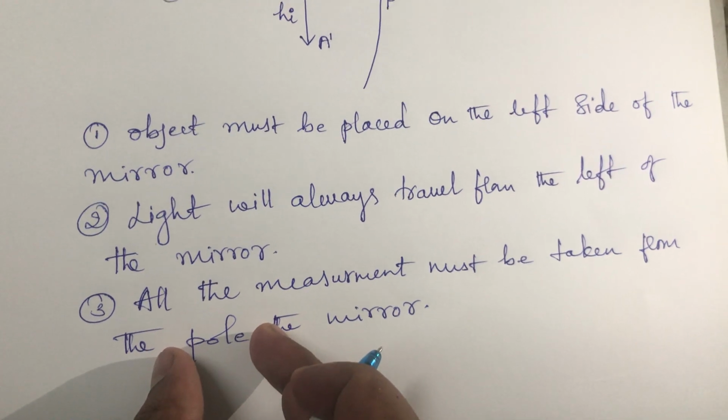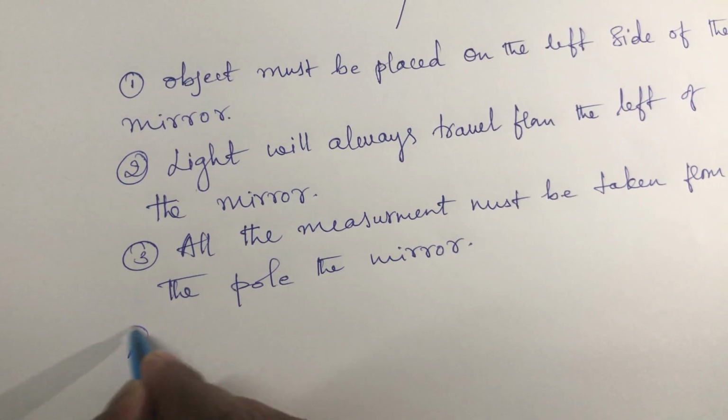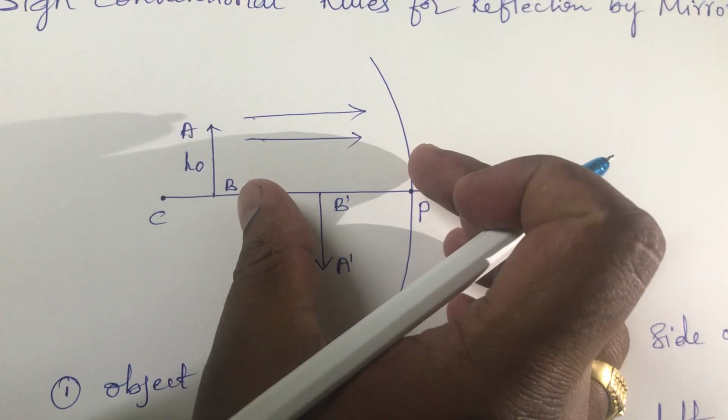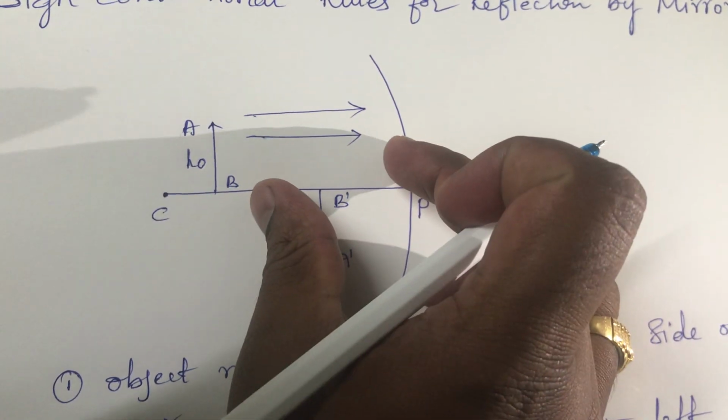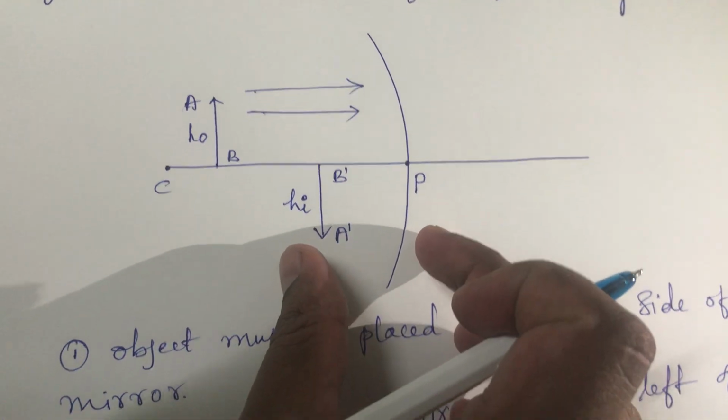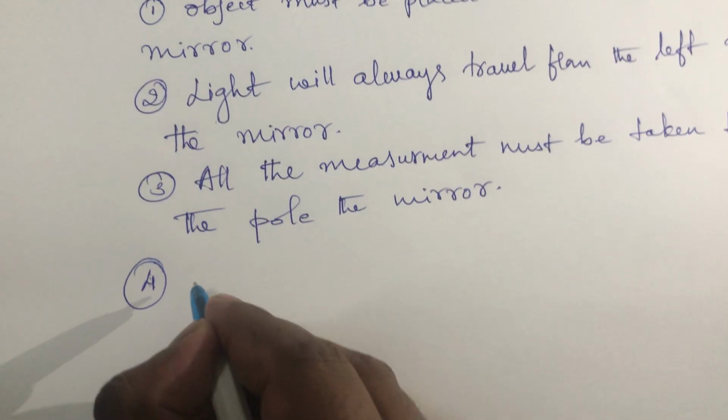Clear? Fourth one: if you measure anything towards the left side, I mean if you are measuring anything opposite to the direction of the incident light, then you have to take that quantity as negative.